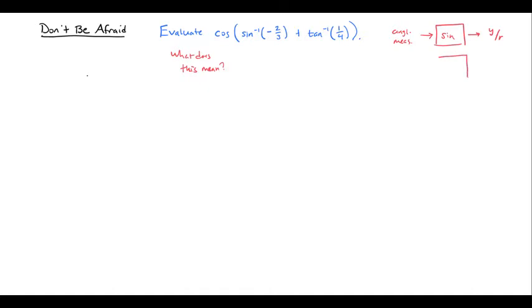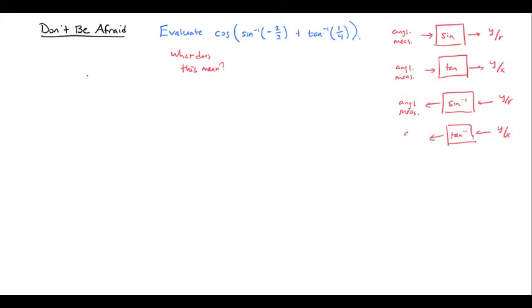And the tangent function takes in angle measures and spits out a ratio of y to x. The reason I mention this is a good way of understanding what the inverse sine and inverse tangent are going to do. The inverse sine takes in y over r and it spits out an angle measure, and the inverse tangent takes in one of these ratios and spits out an angle measure.